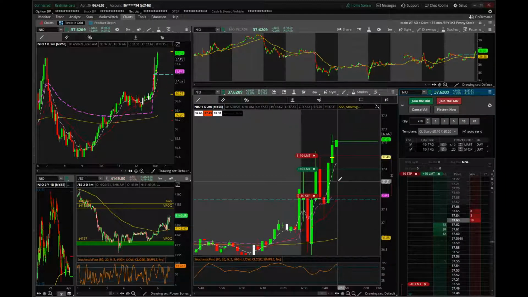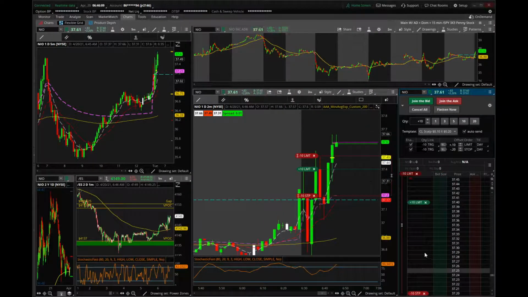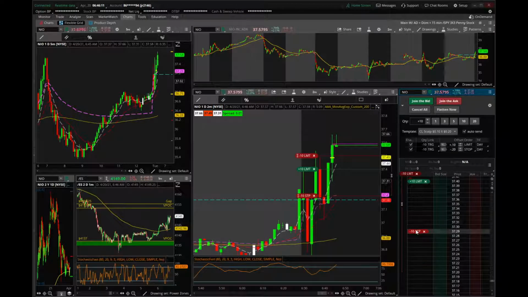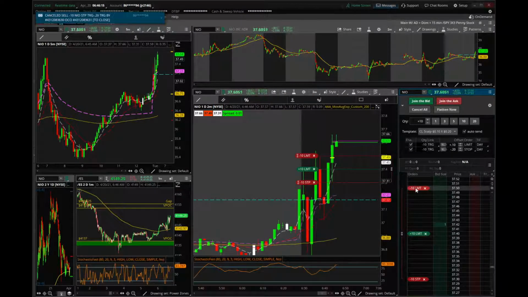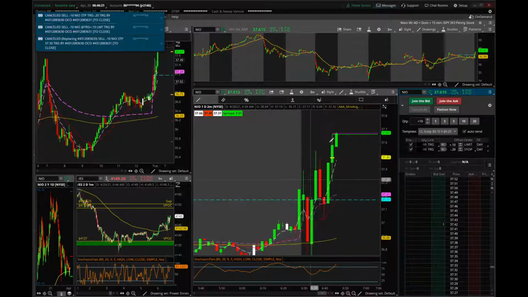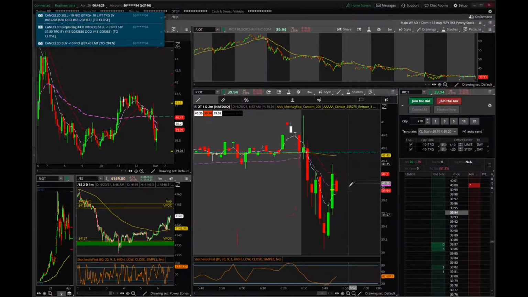So now look at this, right? If we get that pullback, I can now move my stop. So instead of risking 20 cents, I only risk 10, right? And maybe on this, yeah, I'm not a fan of it. The shape is not doing what I want it to do.